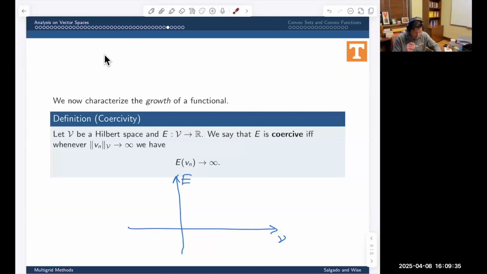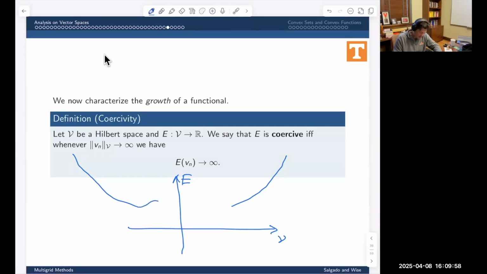And so a coercive function is one which goes off to infinity as the norm of v goes to infinity. So basically what a coercive function looks like is one which, at plus infinity, is going up, and as you're going off to minus infinity, is also going up.